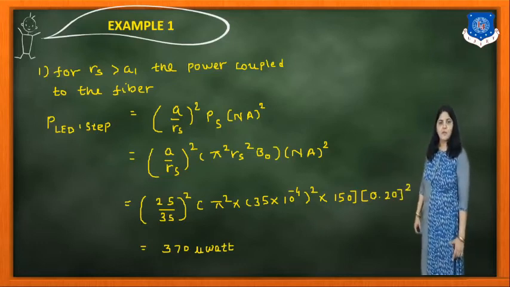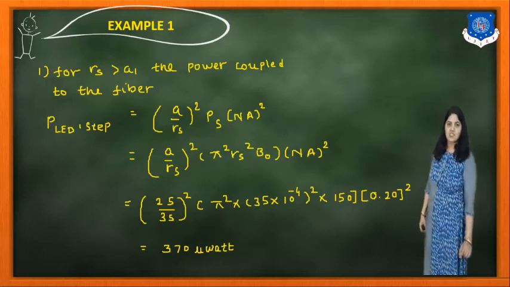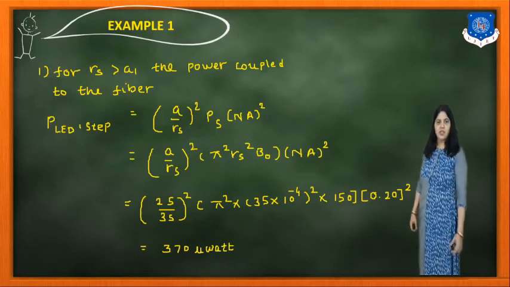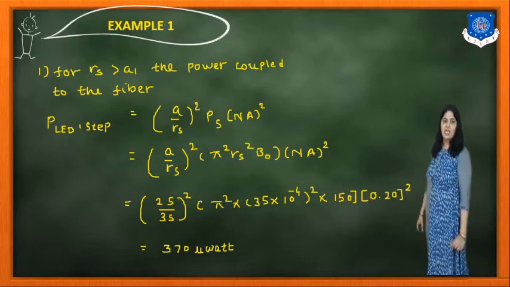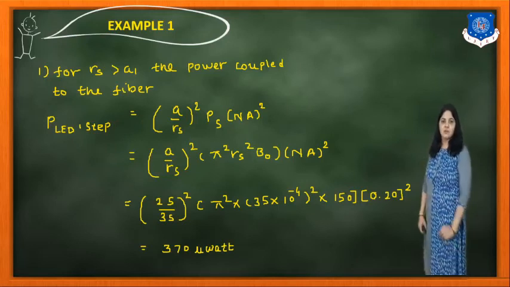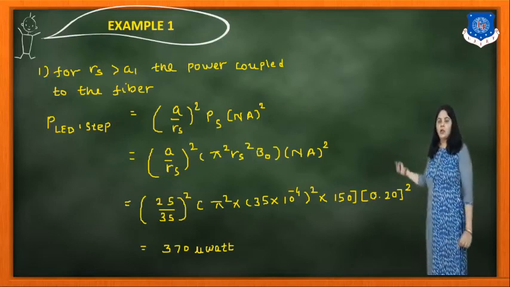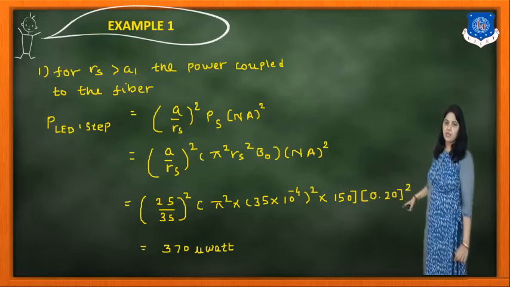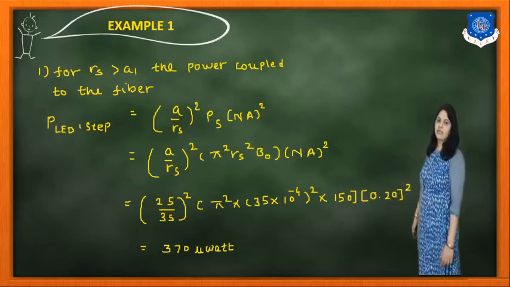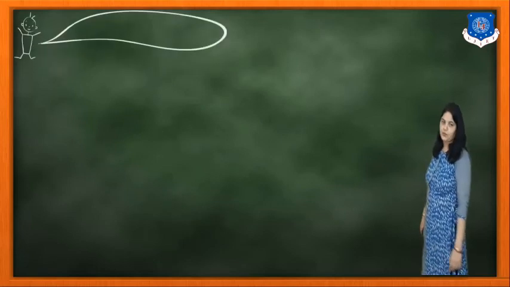So it is (A upon RS) whole square into pi square RS square B0 into NA square. Now we have the value of A, the value of RS, and the value of B0. Putting all the values inside the equation, we get the answer. It is 370 microwatt.